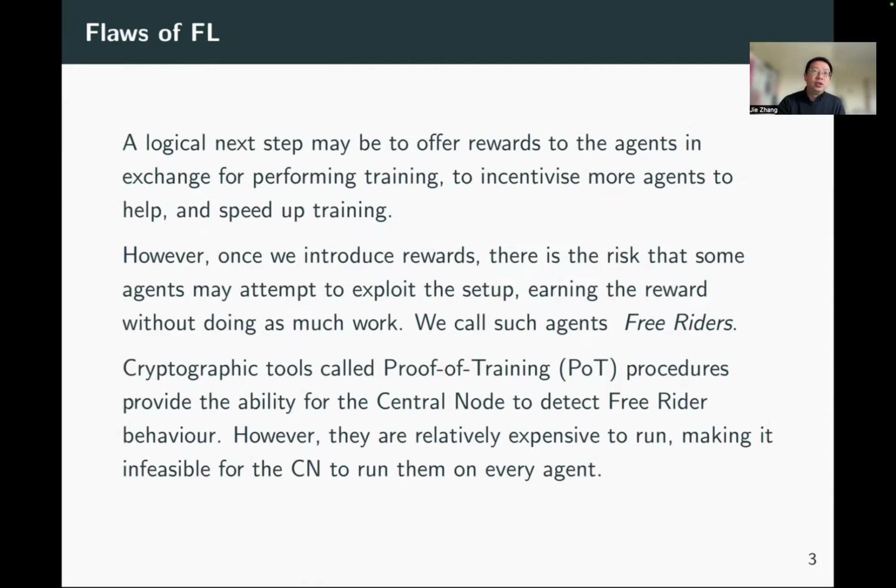But the issue with those techniques is that they are very, very expensive to run. And the whole point of federated learning is that we are trying to reduce the computational load on the central node. So if we have to do all those expensive verifications on our agents, then it's sort of defeating the point of doing this in a federated, distributed manner.